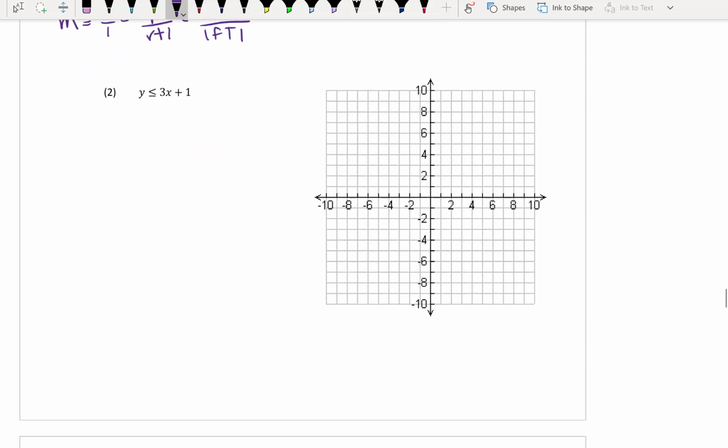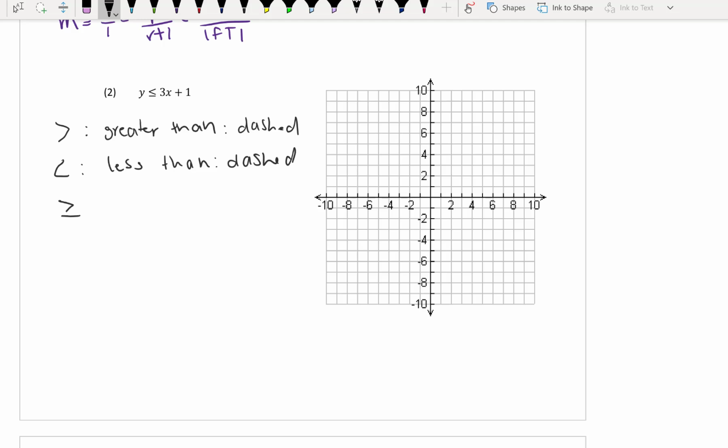Now, the new part. This is now going to depend on my inequality. So if I have this greater than, then my line is going to be dashed. If I have this that is less than, again my line is going to be dashed.